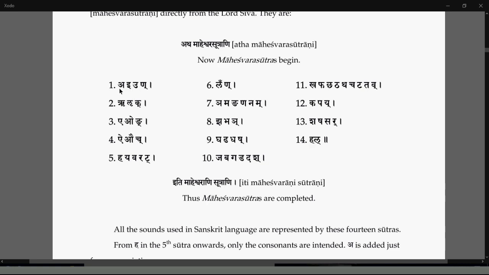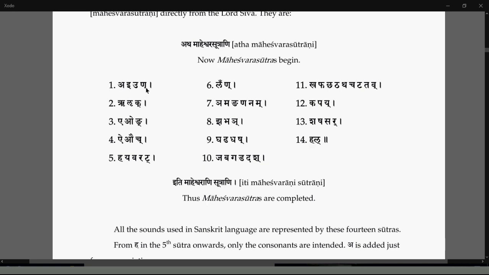So a, i, un stands for akara, ikara, ukara, and there the dirghas or plutas also. All these are included in akara. If I have to talk about akara, ikara, ukara, then I just have to say un.